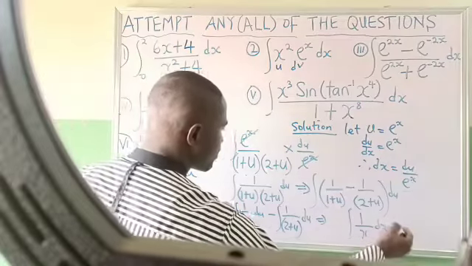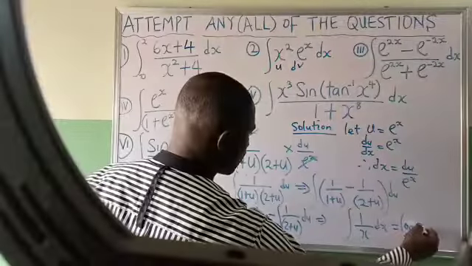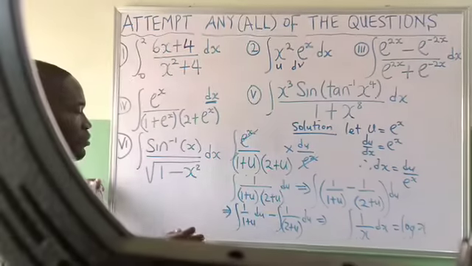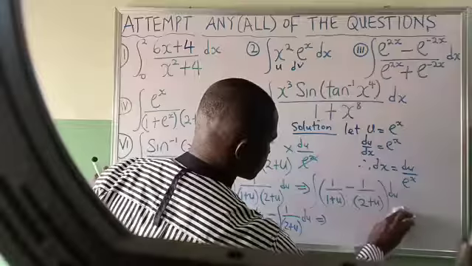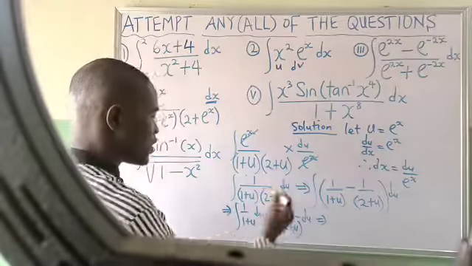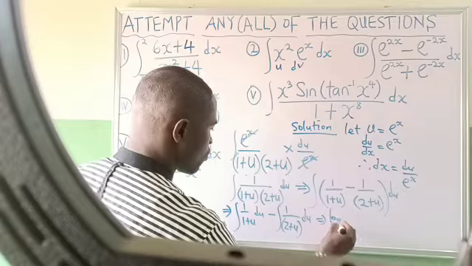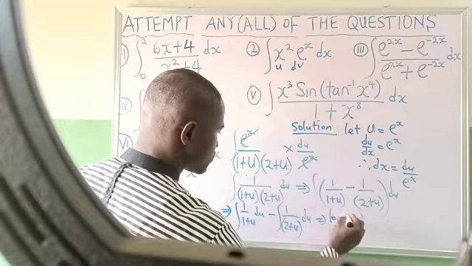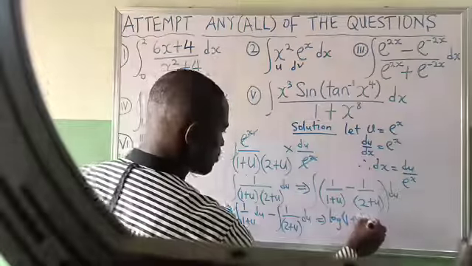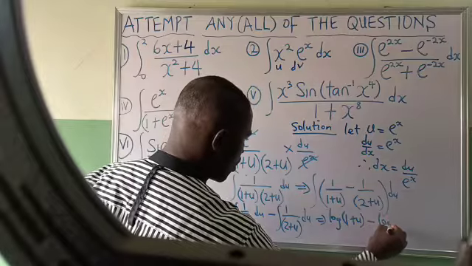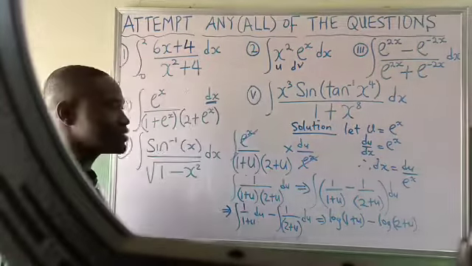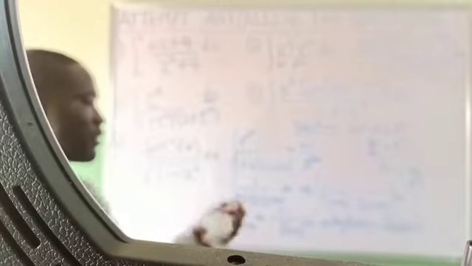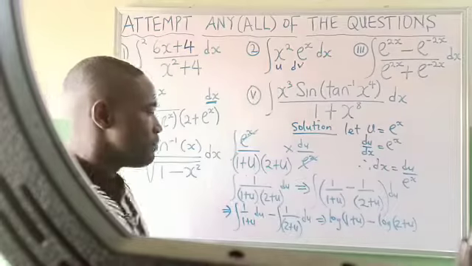So that will be giving you log x or ln x. So this one will also be giving you log of 1 plus u, whereas this one will be giving you minus log of 2 plus u, following that example I just showed, plus c.